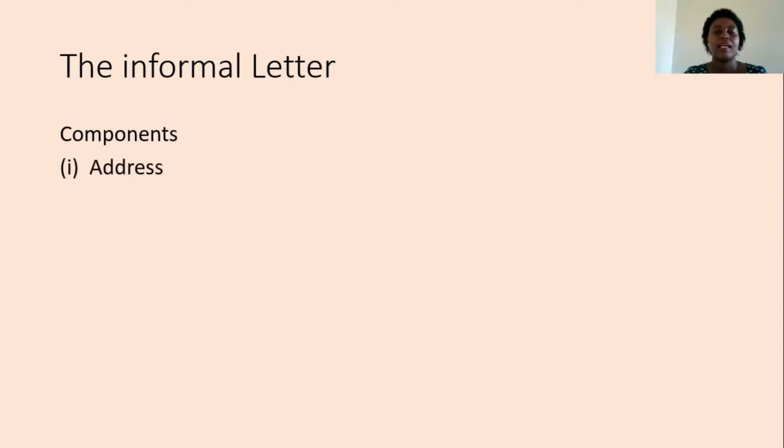It may have the same components. Some of the components we find in the formal letter are also in the informal letter, but the structure is different. So we want to look at the components, and the first one is the address. In an informal letter, we shall find an address.